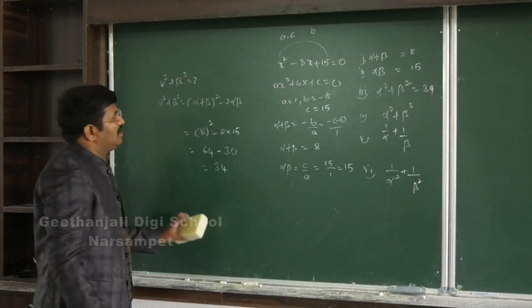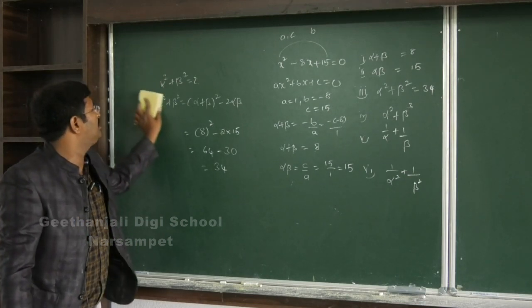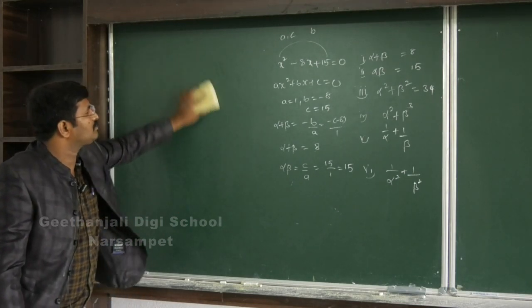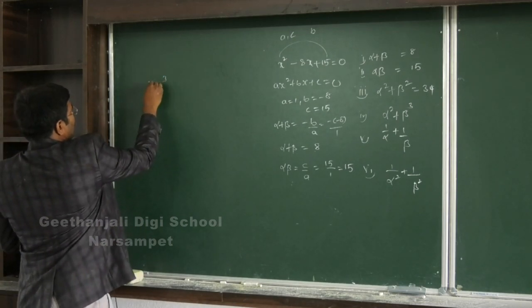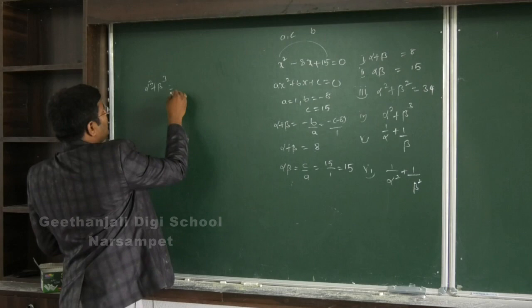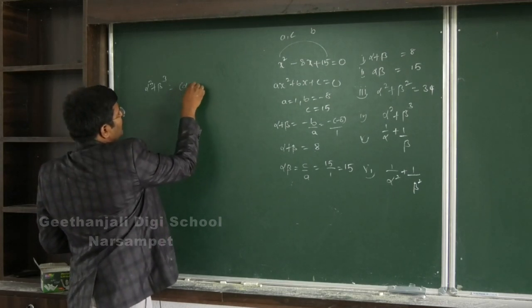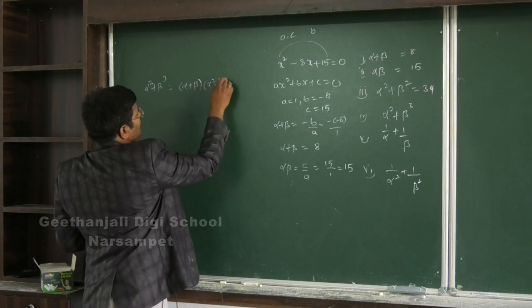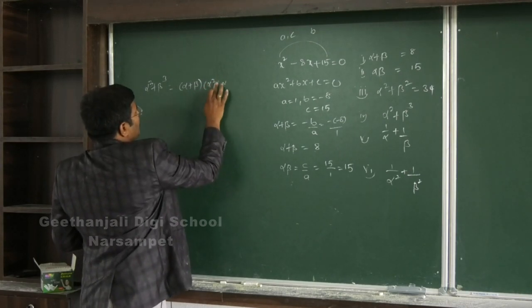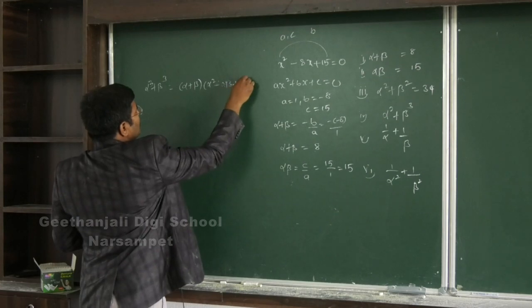Now we will go for alpha cube plus beta cube. What can you write? Alpha cube plus beta cube is alpha plus beta into alpha square minus alpha beta plus beta square.